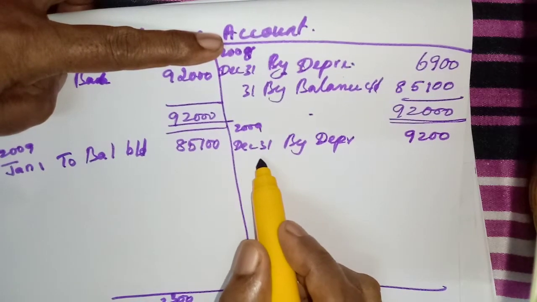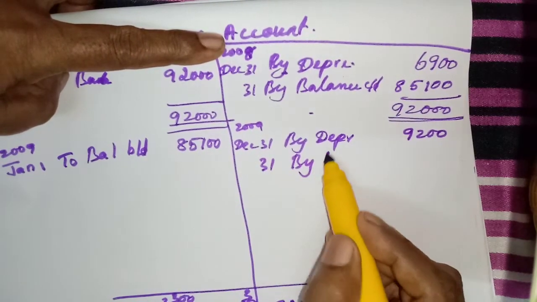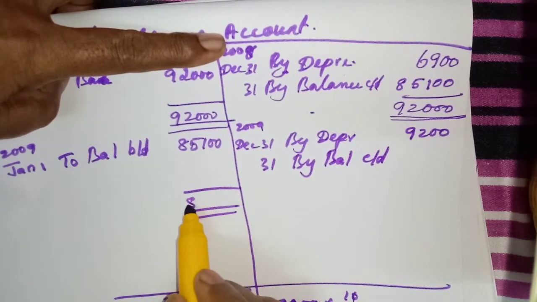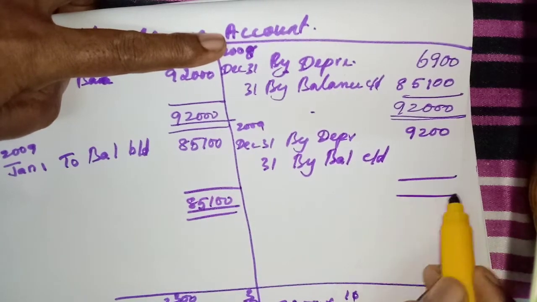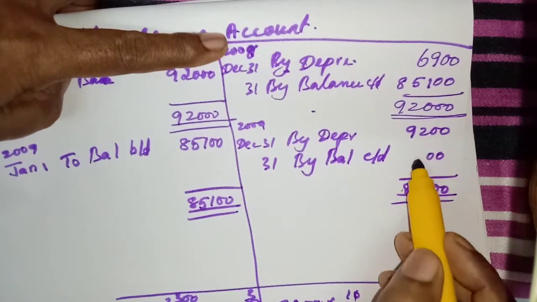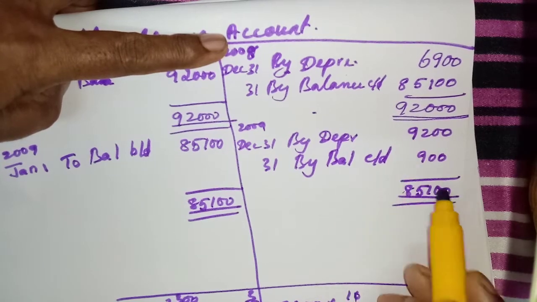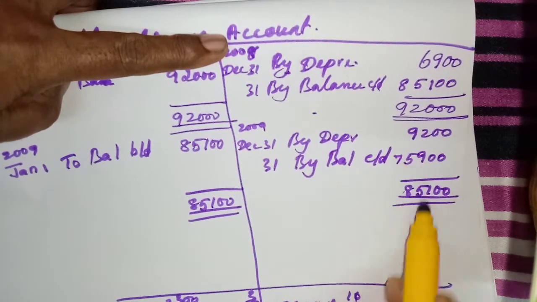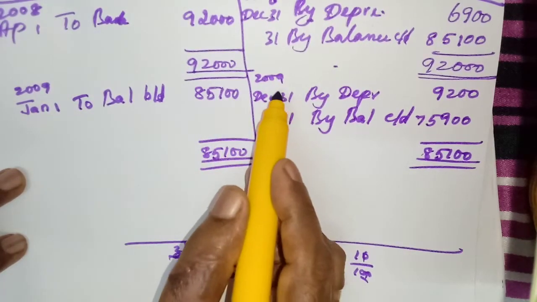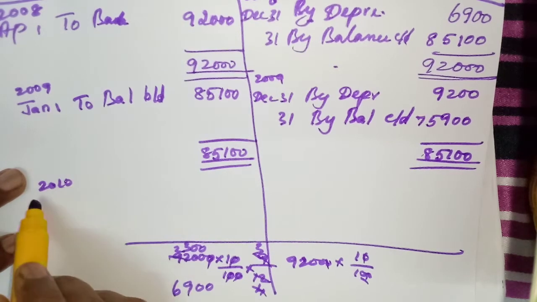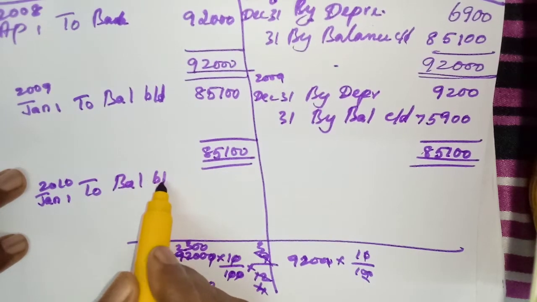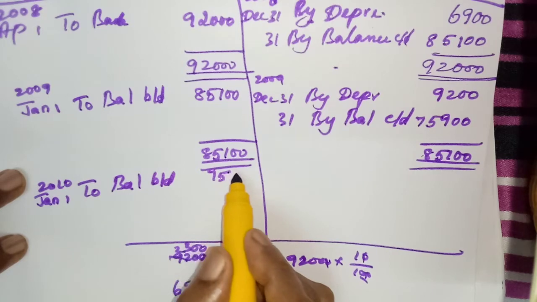So again we need to close the year. Balance carry down. What is the amount? 85,100. Write this amount also here, 85,100, and find out the balance. 2 plus 9, 11, balance 1; 10, 10 plus 5, 15, balance 1; 7. So 75,900 is the second year balance. So we need to write the next date, 2010 January 1, to balance brought down, 75,900.